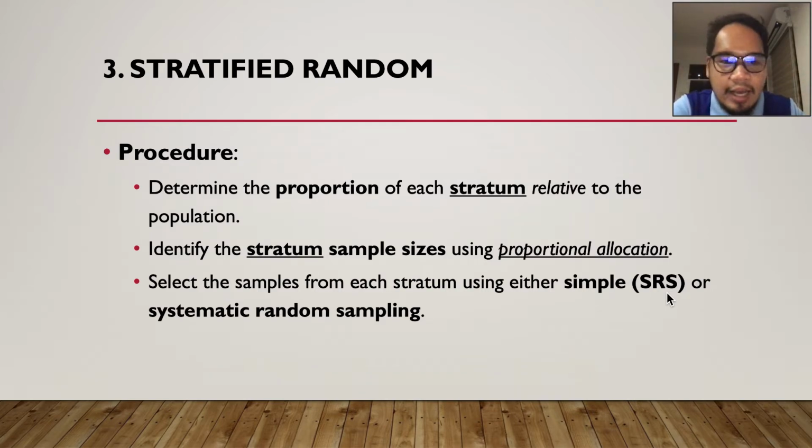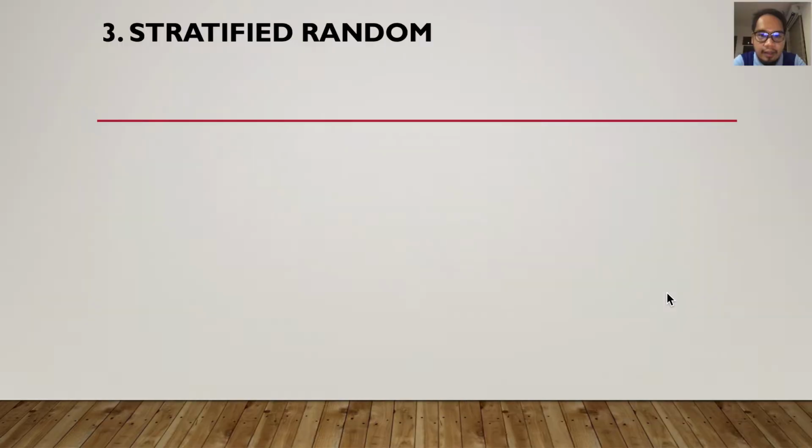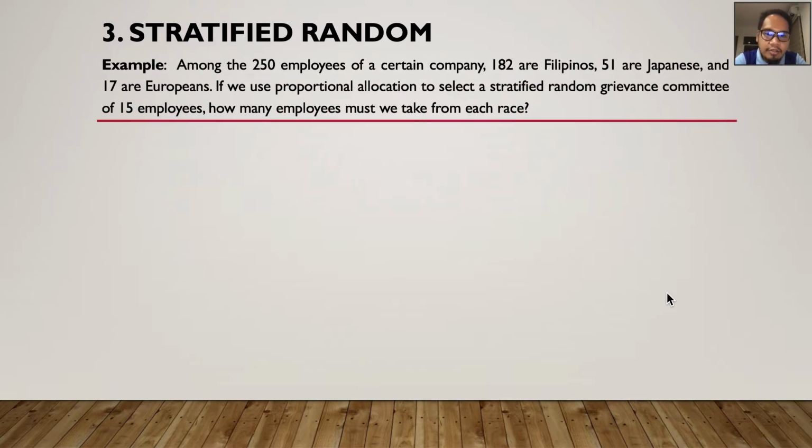So we can gather the data after determining the sample size per stratum. We need to use either simple random sampling or systematic random sampling to gather information from this generated sample size per strata.